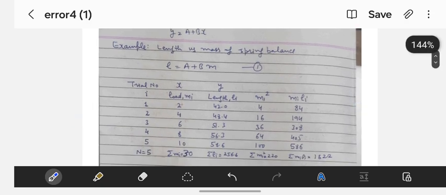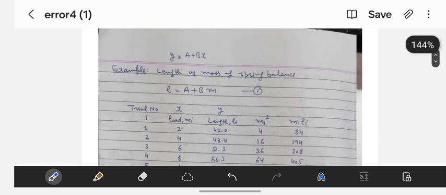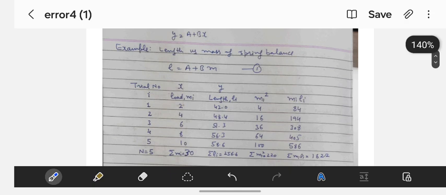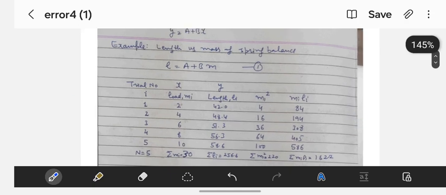Like we know that if we put a bob on a rope or a spring, as we increase the mass, the length of that spring will increase. So that will be a linear curve. So we can just put the values of L and M. The independent variable is M and the dependent is L. Length will vary according to mass.